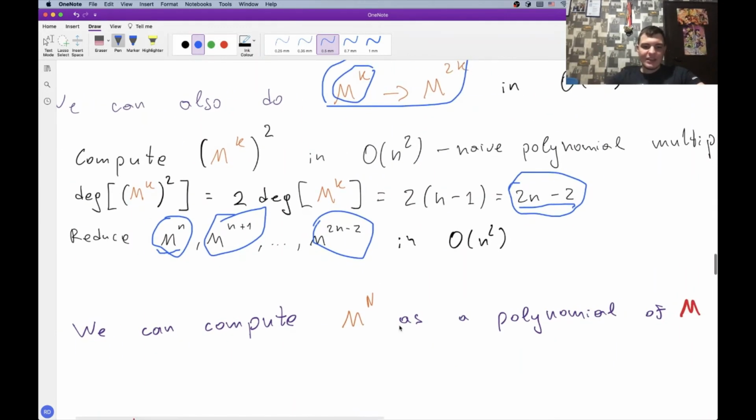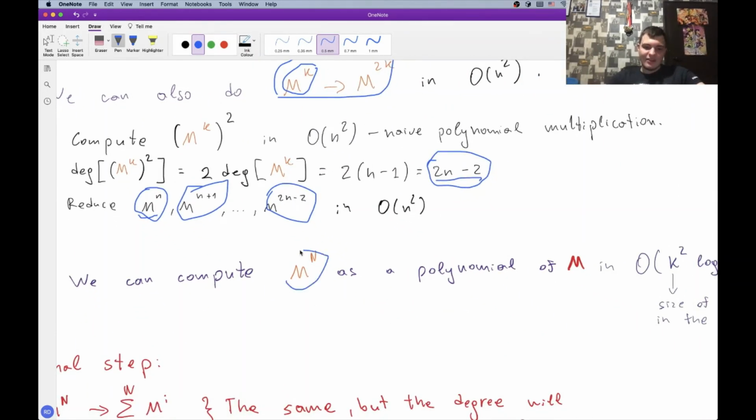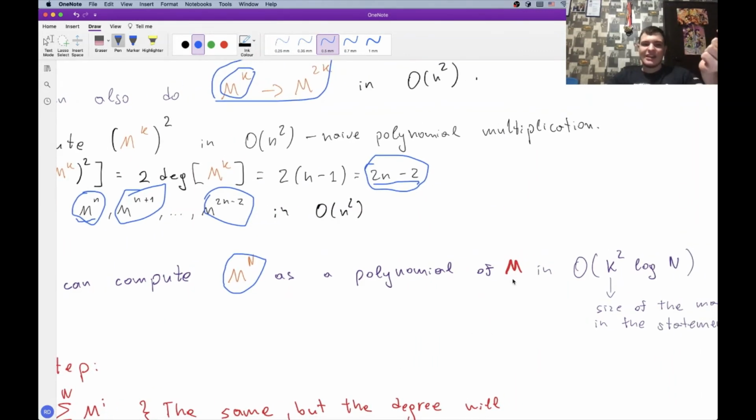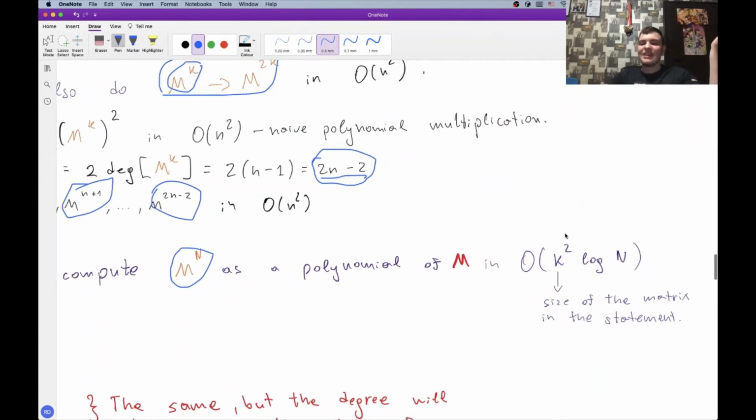So what this shows is that we can compute mn, which is what we want, as a polynomial of m, because the whole idea of the Cayley-Hamilton theorem is that everything is expressed as a polynomial of m. So we will just compute the coefficients before m to the 0th power, m to the 1st power, and so on until m to the n minus 1st power. And if we want to compute m to the nth, then we can do this in complexity k squared multiplied by log n.